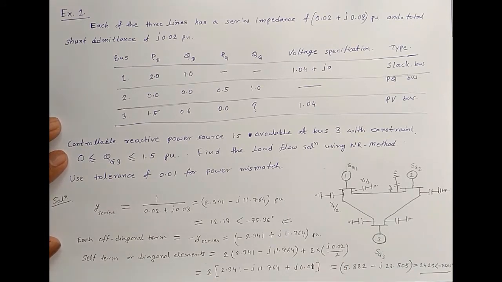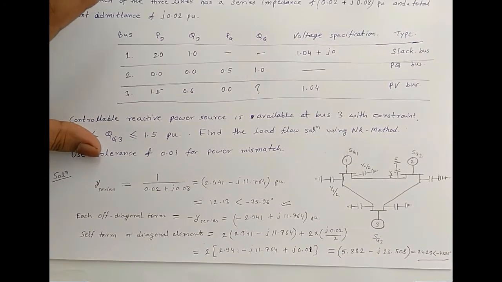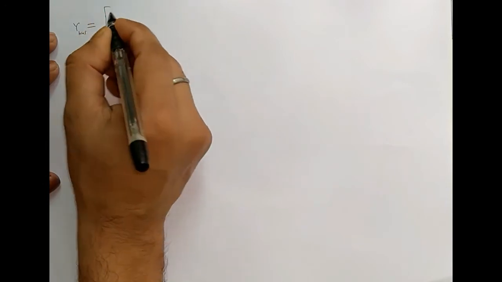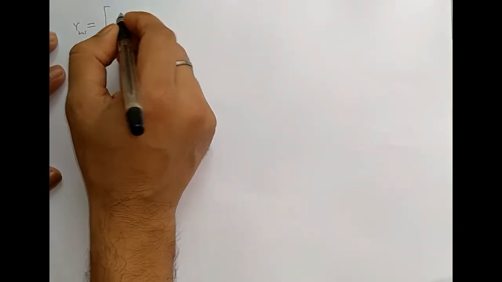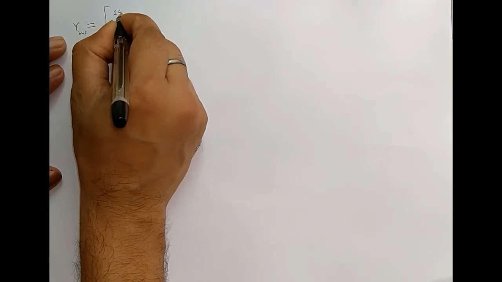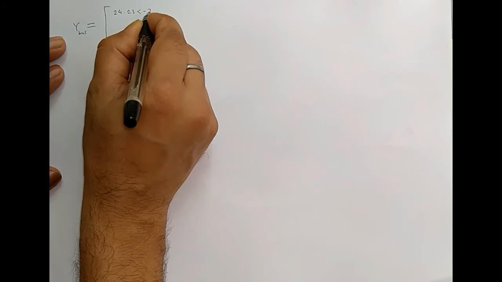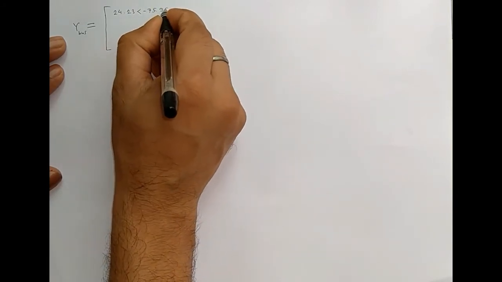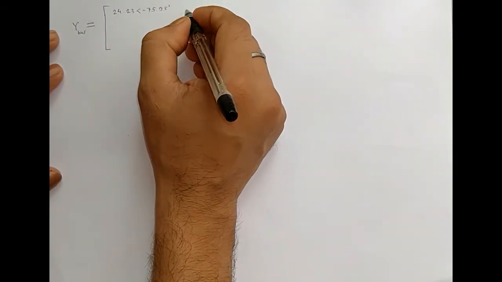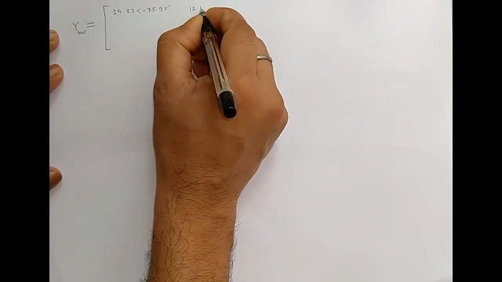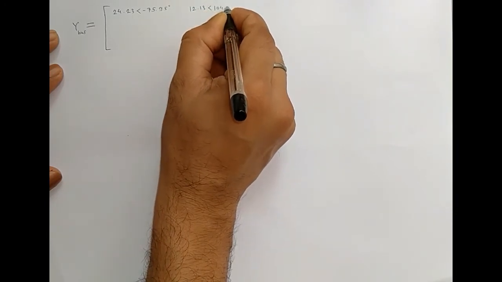So the Y bus matrix of the system will be: the diagonal elements are 24.23 angle minus 75.95 degrees, and the off-diagonal elements are 12.13 angle 104.04 degrees.